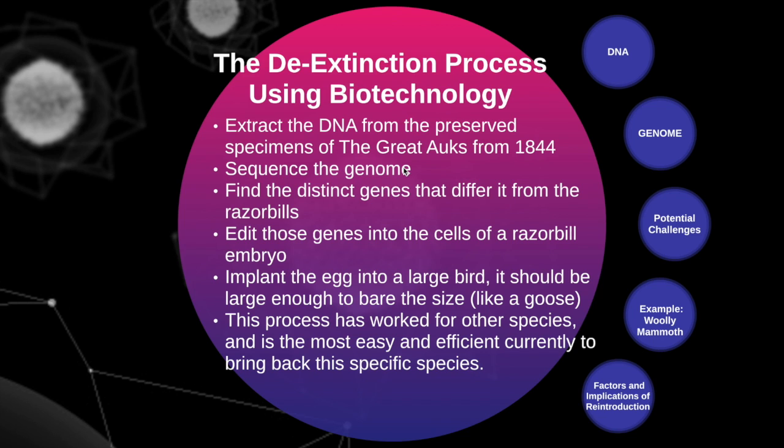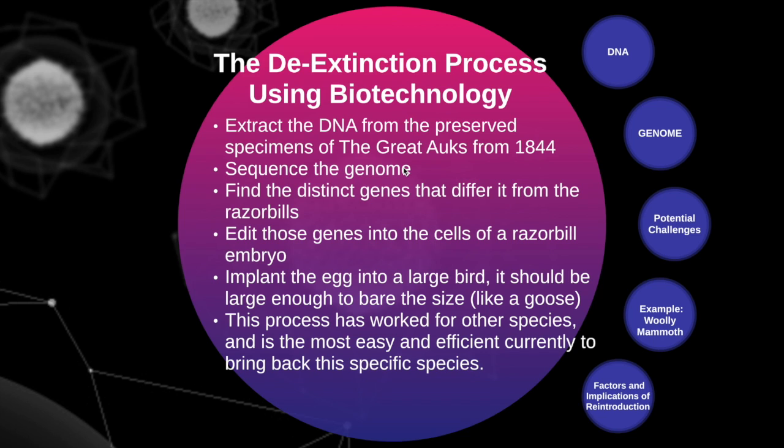So we would take their distinct genes, so their flightless genes, and edit those genes into the cells of a razorbill embryo. So the embryo is basically a part of an egg, which is part of the fertilization process.